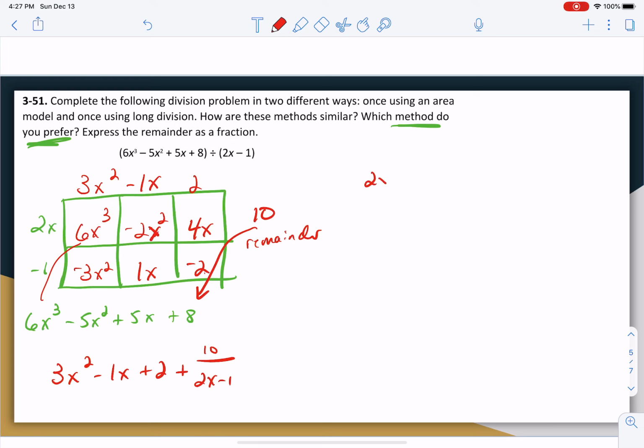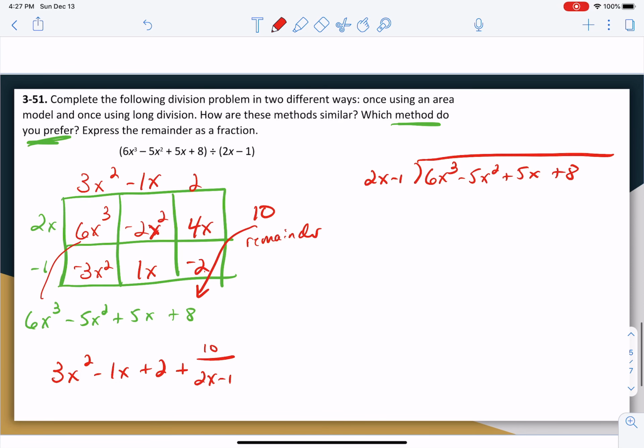Showing that exact same problem using long division. So 2x goes into 6x cubed, 3x squared times.